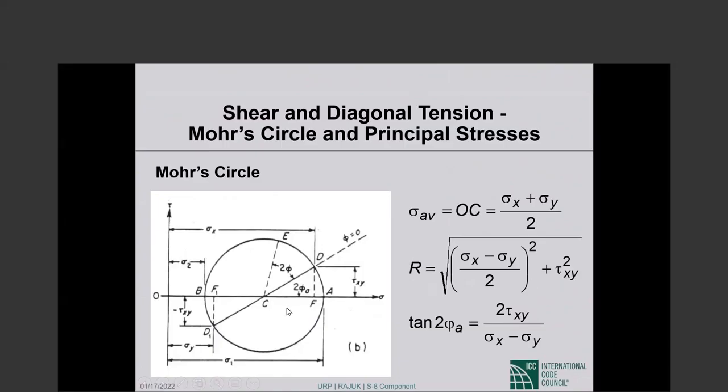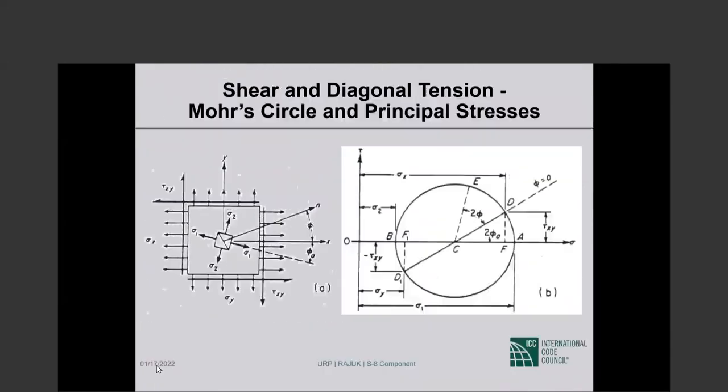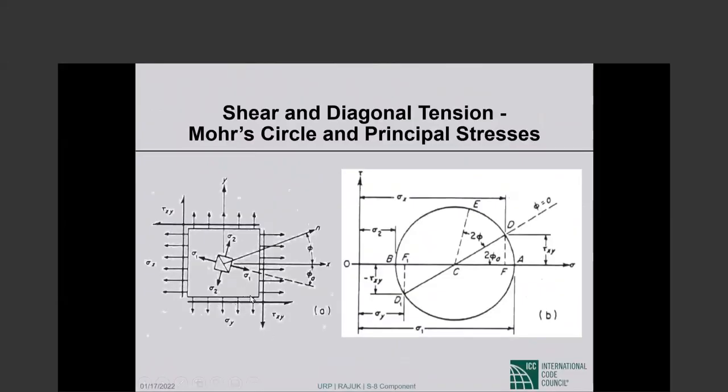So the radius is the square root of this distance squared plus that distance squared, which is equal to this. And the tan of this angle is as shown here. Tan of 2 phi a is, I should have pointed out, if the principal stress is inclined at phi a, then on the Mohr circle that angle will be 2 times phi a.